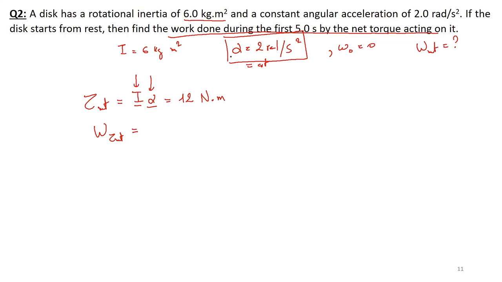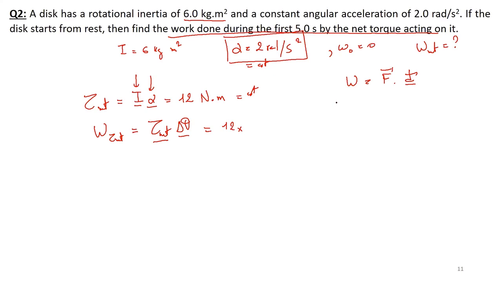You know that if torque is constant, the work is what? Net torque times delta theta. You remember, if I have a one-dimensional force, I have work is F dot displacement, meaning translation. Now for rotation, I will replace the force by the torque of the force, and replace the displacement by the angular displacement. So the net work will give me 12 multiplied by delta theta. Now what is delta theta?